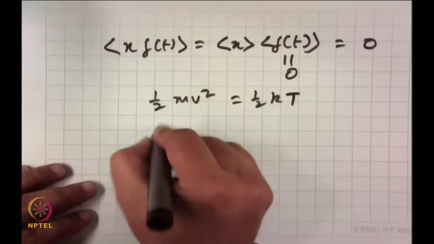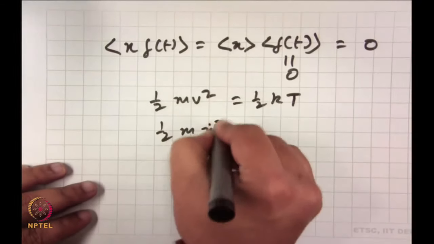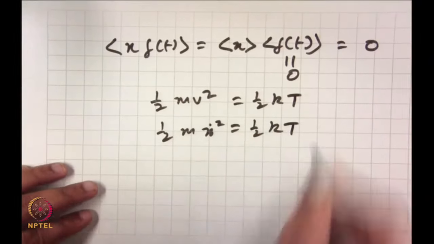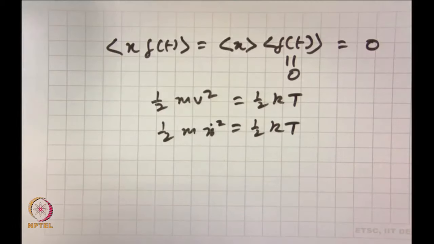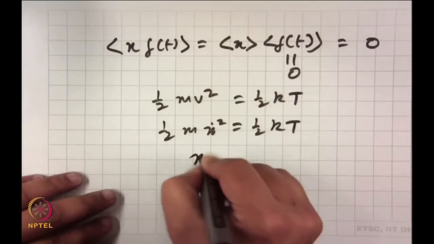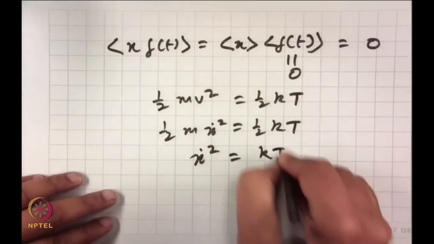So, I can write half m x dot squared is equal to half k T. See, do I not already have an x dot squared in my equation? So, like what we did for the velocity correlation function, we are doing the same thing for the displacement. That means what I have is the average of x dot squared is equal to, again, k T over m.